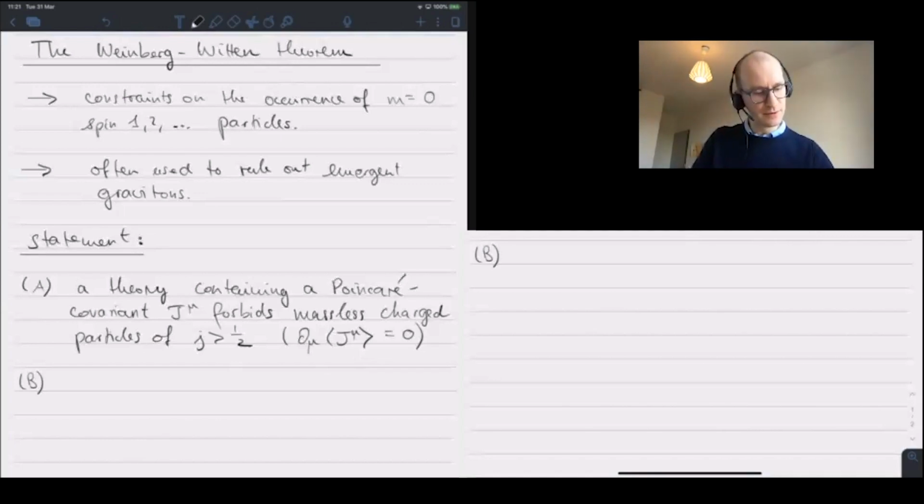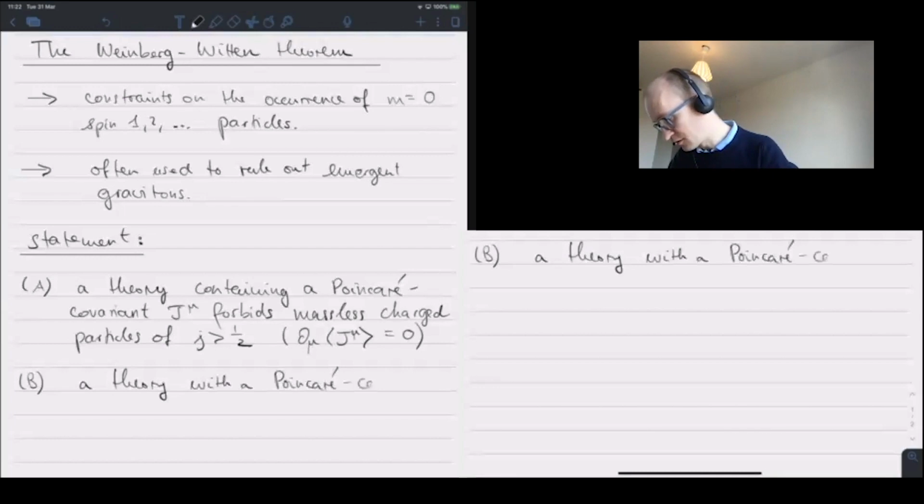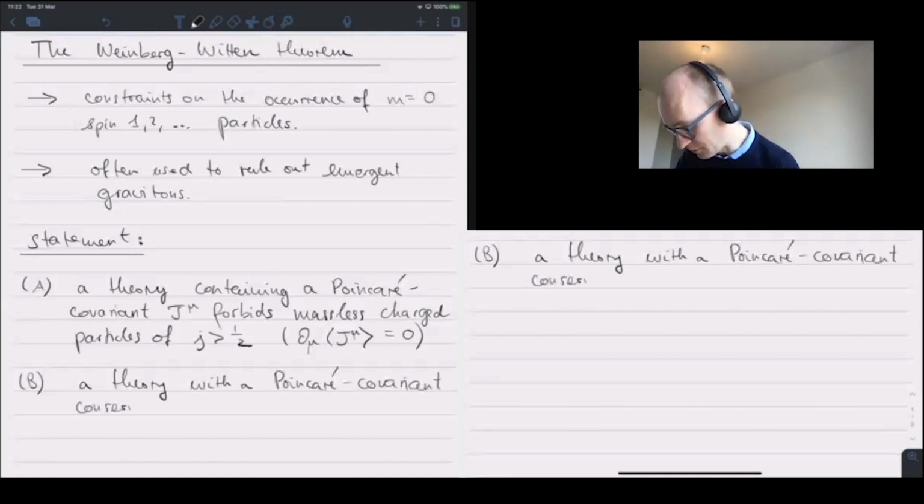So I will write it. A theory with a Poincaré covariant conserved T mu nu. I didn't write the word conserved above, but that's of course what I meant.